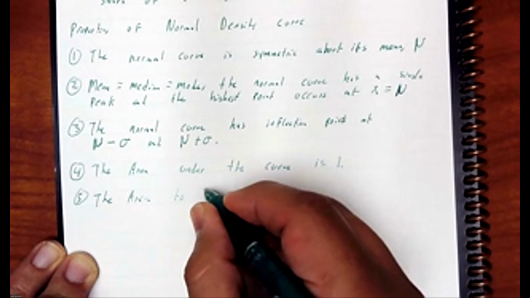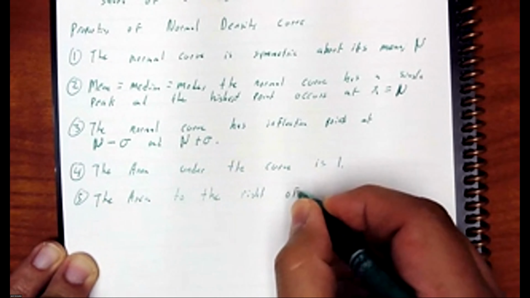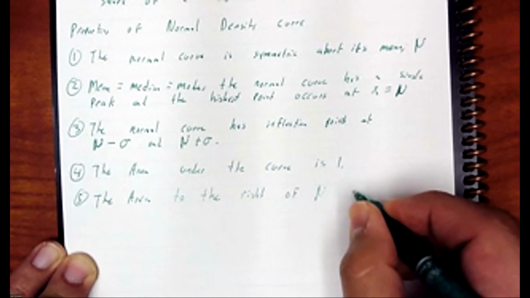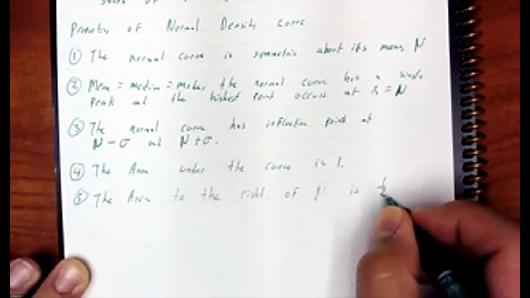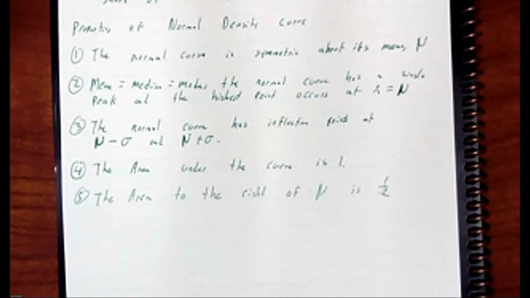The area to the right of mu is 1/2 because it's symmetrical, right? So if I only look at half the total, it'd be a half. So the bottom part and the top part are both halves, left and right.